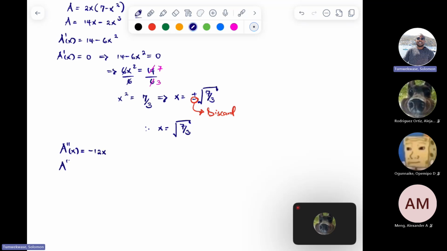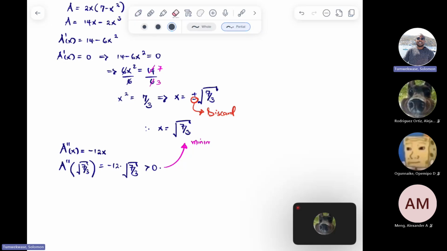When I evaluate this at root 7 over 3, I'll have negative 12 times root 7 over 3, and this answer is always negative.